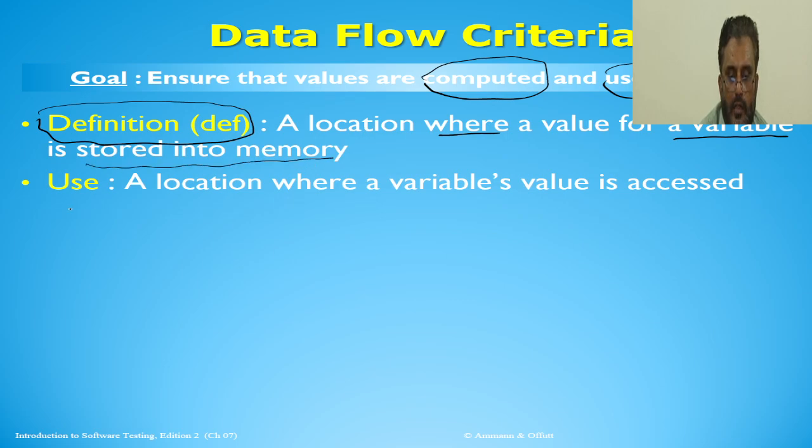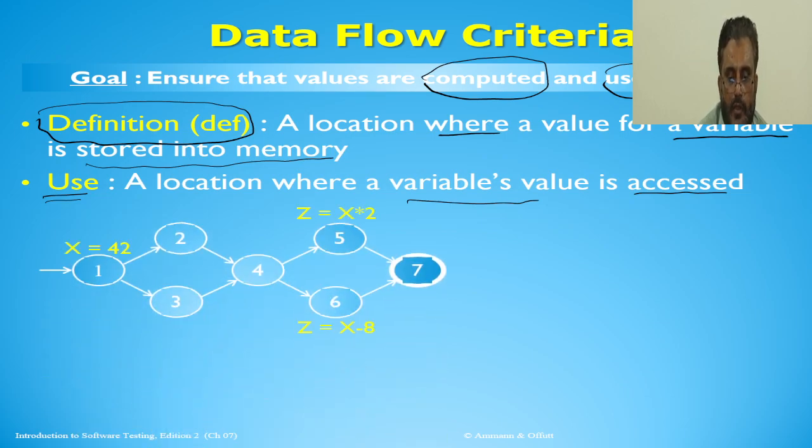And in the same context, what do we mean by a use? A location where a variable's value is accessed. This location is on the graph, which we will extract from the code by maybe some tool, and we will be identifying the locations in the graph where a specific variable is defined and where that particular variable is being used.